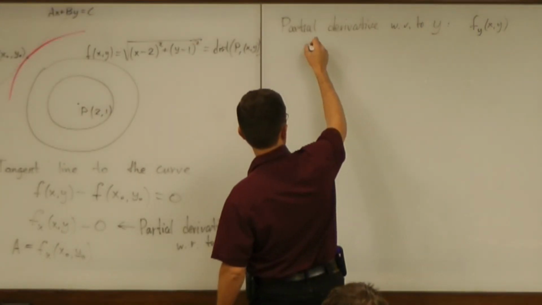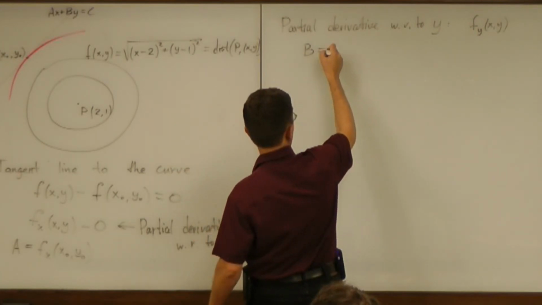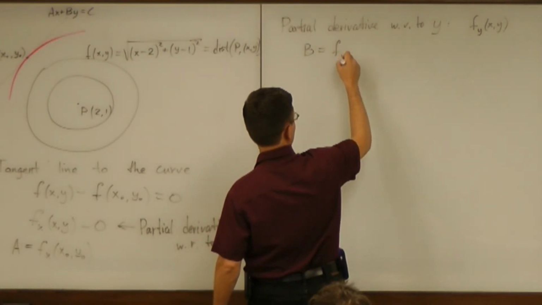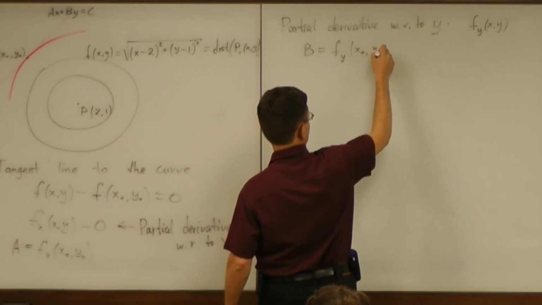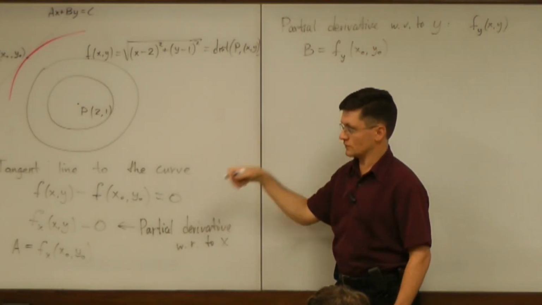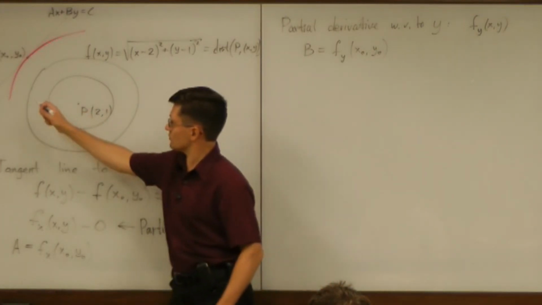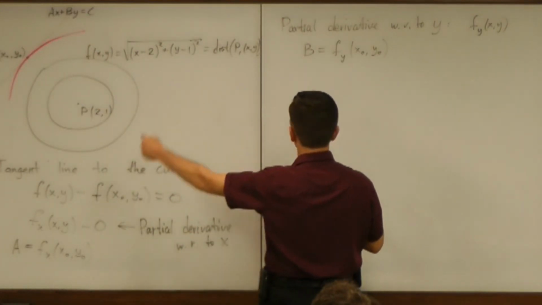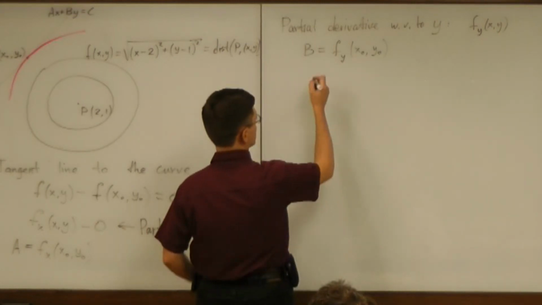And then b, the second coefficient, is going to be that partial evaluated at x0, y0. And now as I found those two coefficients, I can write down the equation of the tangent line to that unknown red circle.